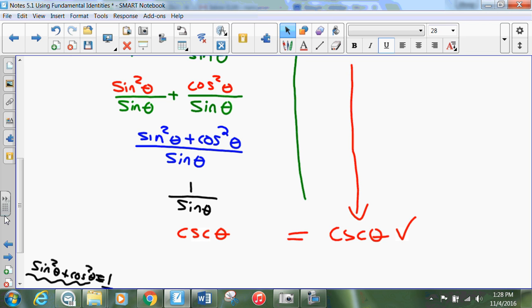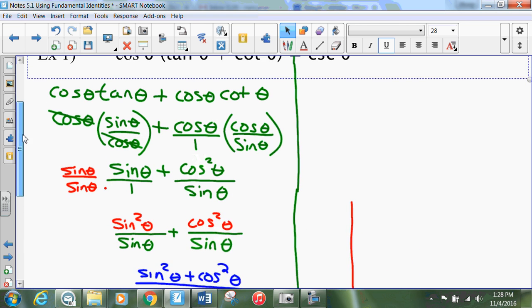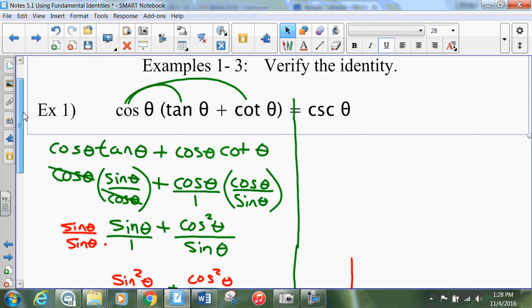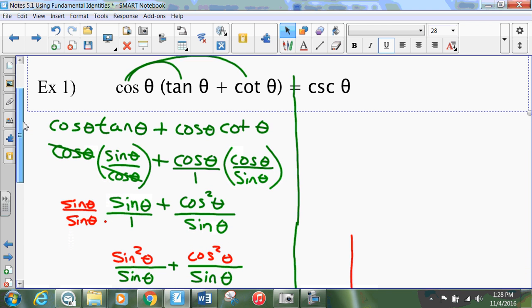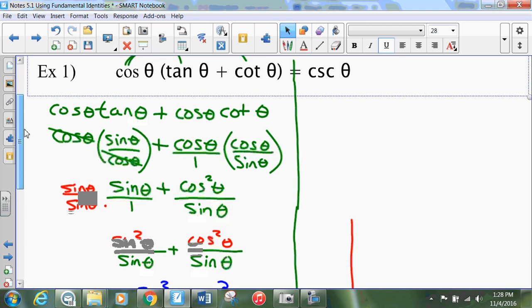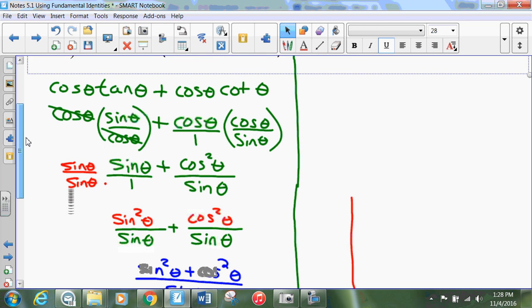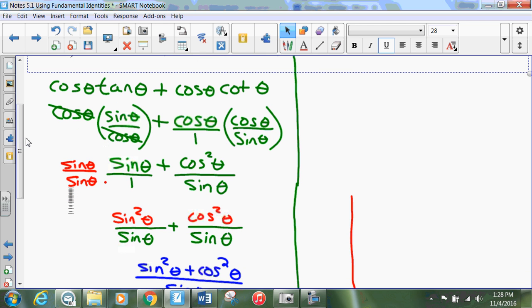So once again, let's look back at this problem that we just did. The big mess actually does turn out to be equal to cosecant theta, and we used distributive property. Then we simplified. Then we used distributive property.